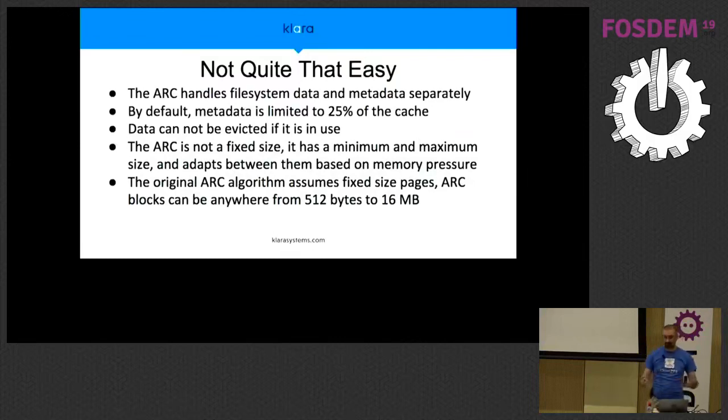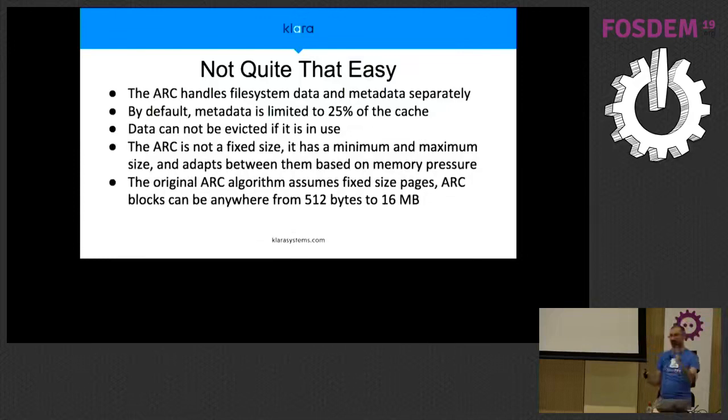But depending on the machine, if it's your laptop or something, your browser is probably taking a good chunk of the available memory on your system. And so ZFS has the ability to shrink its cache and give memory back to the operating system for user applications. So unlike the original ARC algorithm described in the paper, this cache is dynamically sized as well.